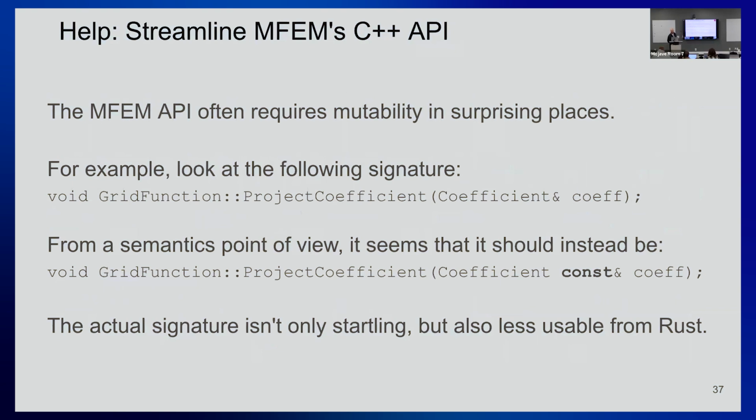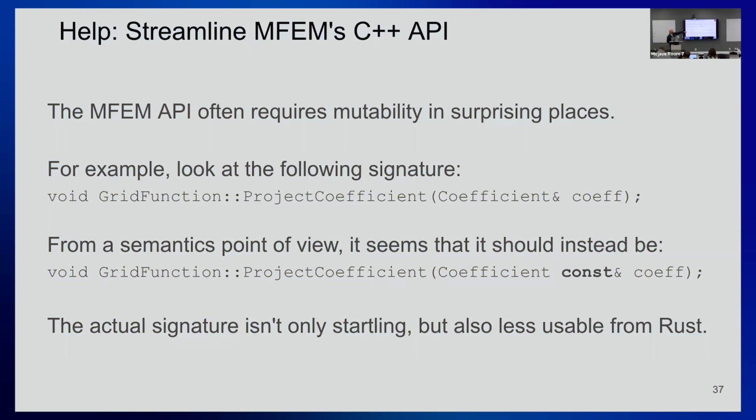An example of this is ProjectCoefficient, which from the semantics feels like the coefficient being projected onto the grid function should be const, not modified. One way to think about it is that it's basically on the right-hand side of the assignment. But it's not actually marked const in the function signature, and I'm just guessing the reasons for that.